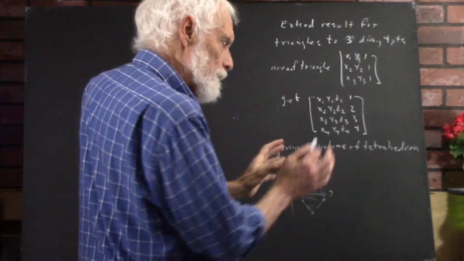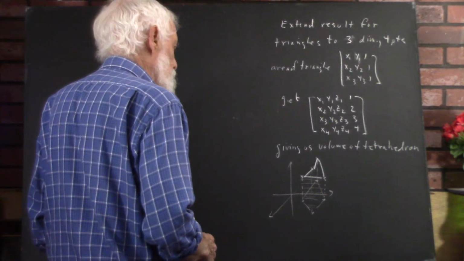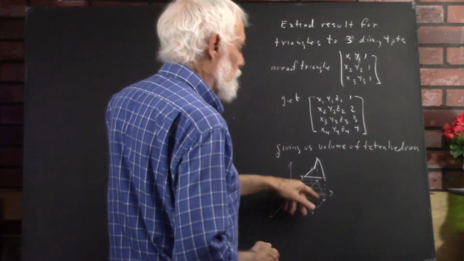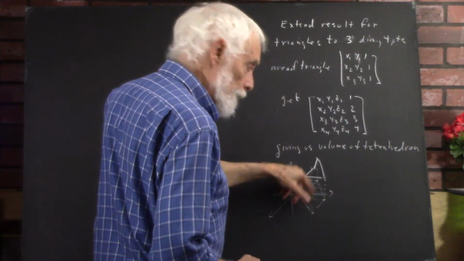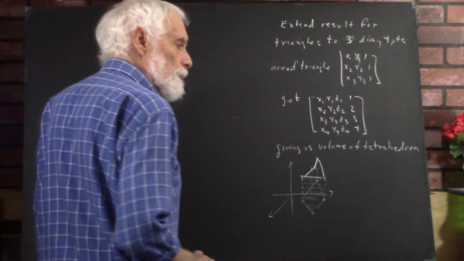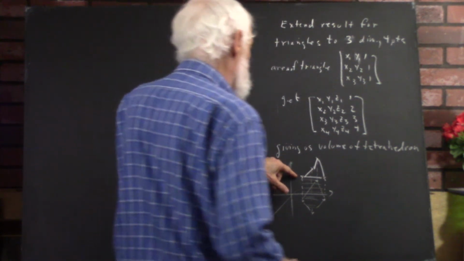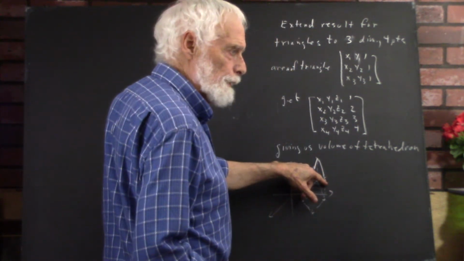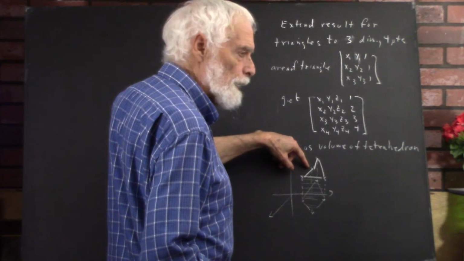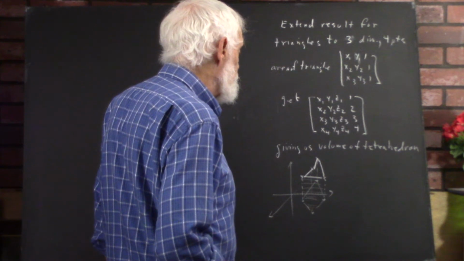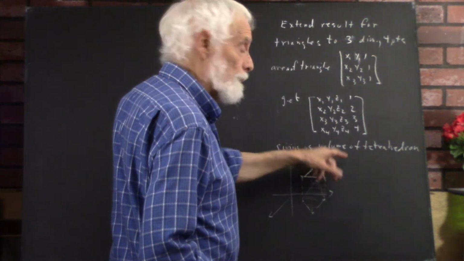It could be any weird shape, as long as it's got a quadrilateral in the plane. It's not a rectangle down here anymore. It could be anything. Okay? And if this is x1, y1, z1, x2, y2, z2, x3, y3, z3, x4, y4, z4, it gives us the volume.